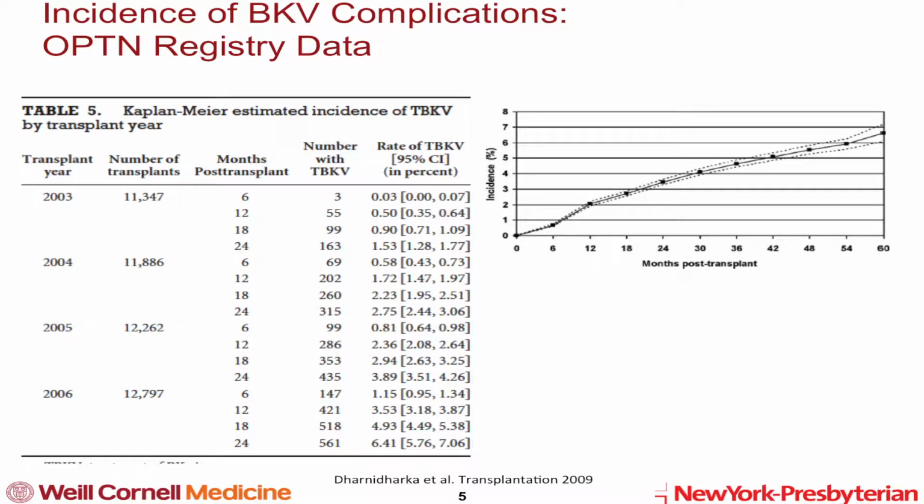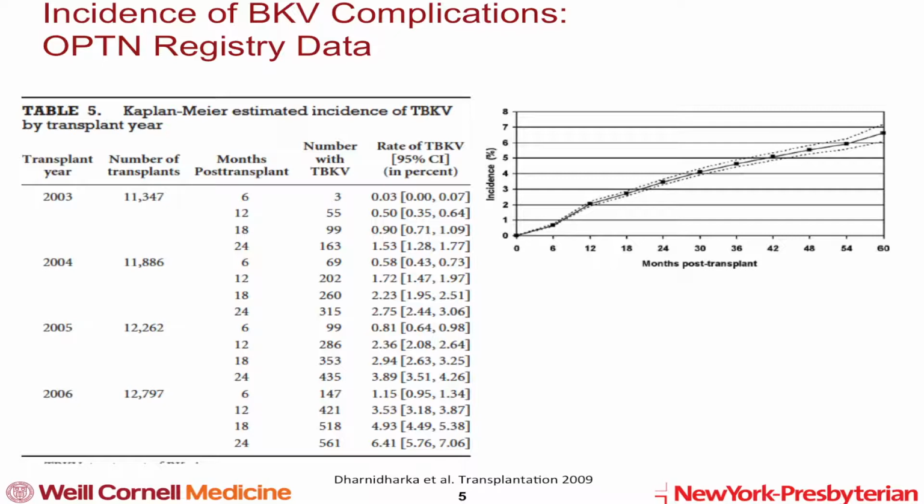This is data from the OPTN registry, showing the incidence of BKV replication or episodes where management had to be started for BKV replication. This was only from 2002 to 2006 because now UNOS does not collect data on whether there was a BKV-related complication in the post-transplant setting.